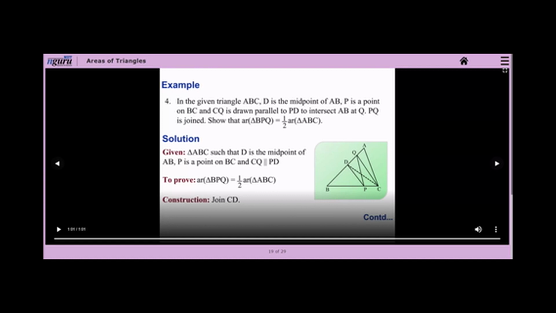But what is the use? What will you get? If you add DPC to ADC, you will get ADPC. We want ABC. Are you working out? Yes, ma'am. Try. You have to prove area of BPQ is half area of ABC. Your observation that CD is the median is very good, very useful. Got it?